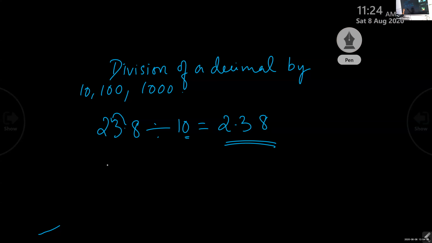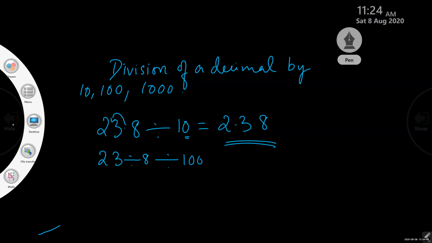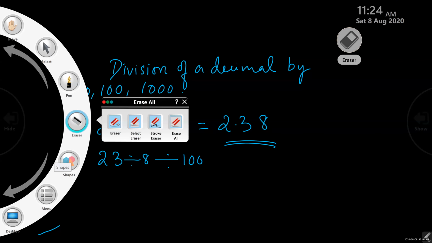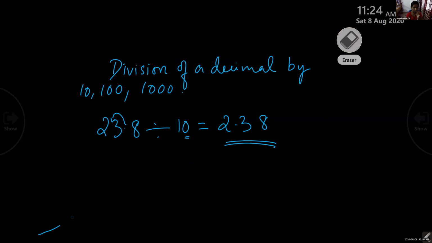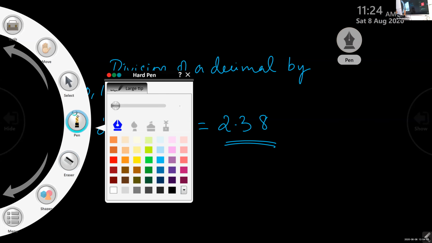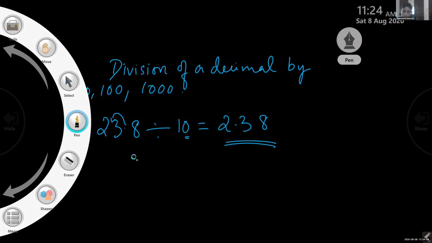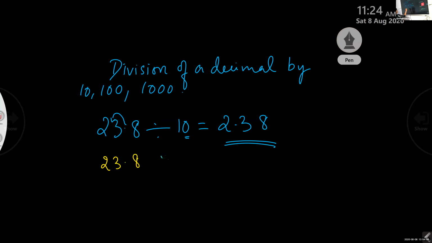Okay. Now if it is 23.8 divided by 100, how many places do I have to shift to the left? Two places.